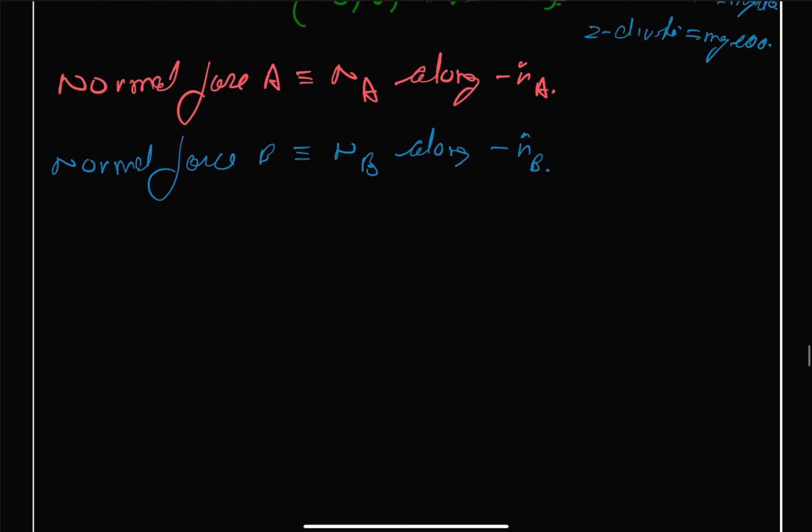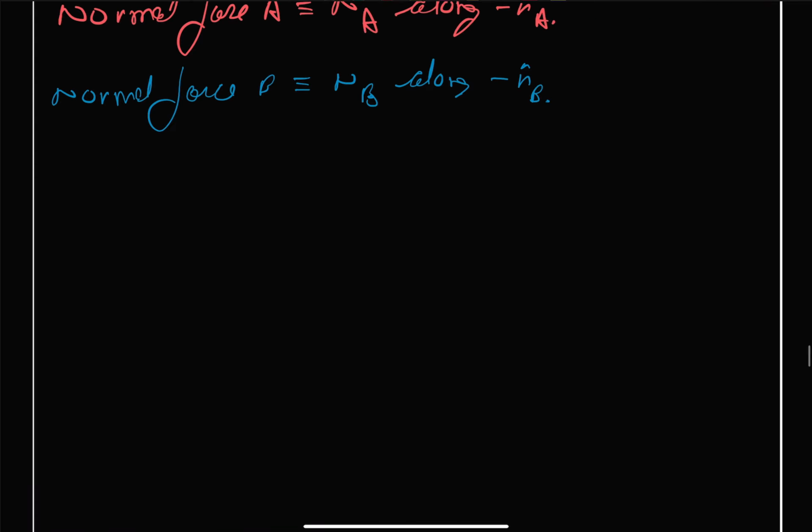And in this case, as soon as the ball tries to rotate, it will lose contact at point B, or we can say the normal NB is equal to 0. That is a critical condition, which we ideally don't want.